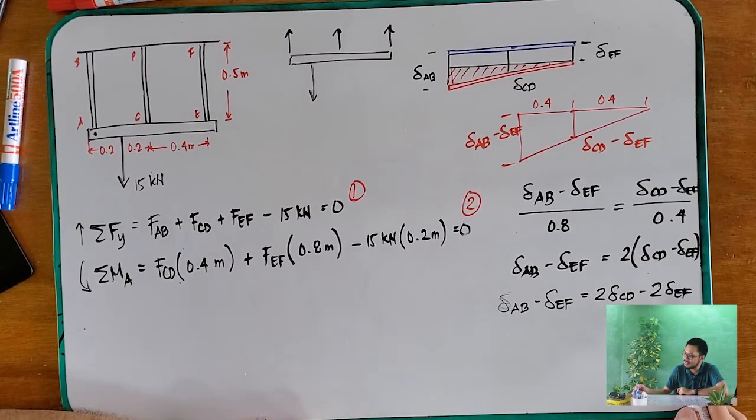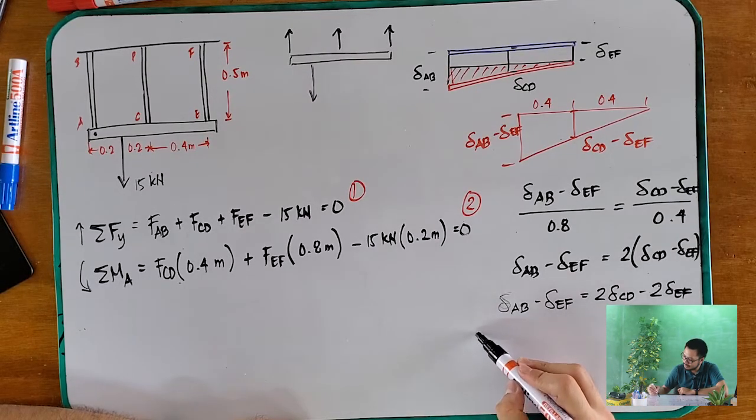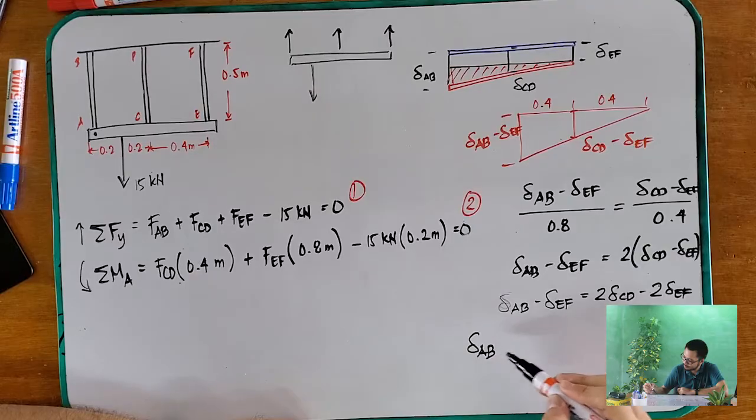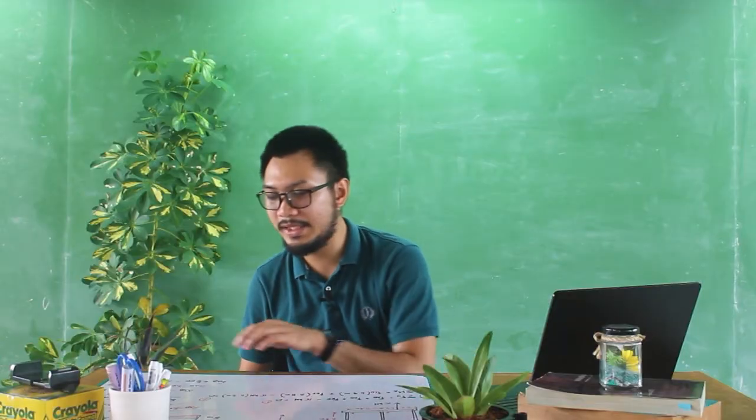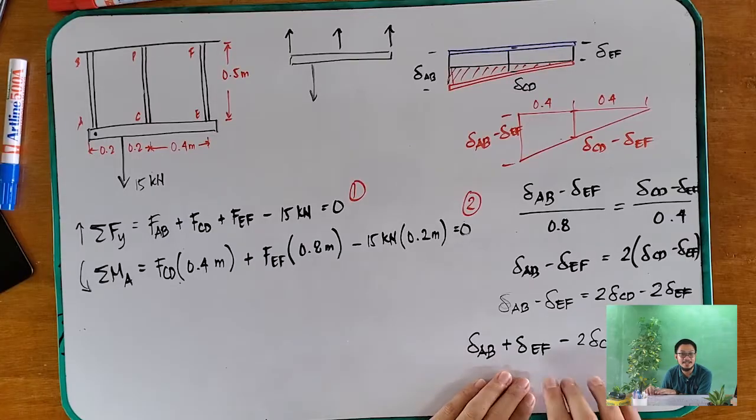So, ibalhin na tong EF dira sa may mabilin. Delta AB plus delta EF minus 2 delta CD equals to 0. Okay. So, this is our compatibility equation.